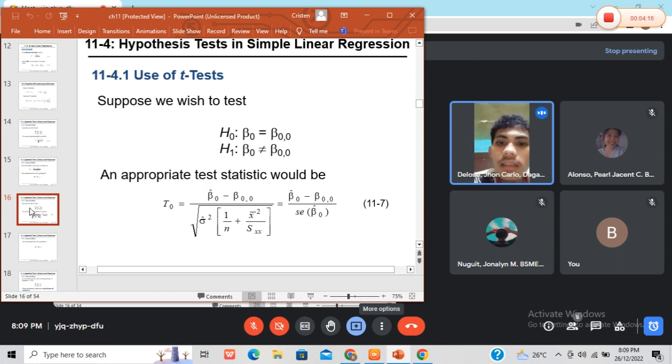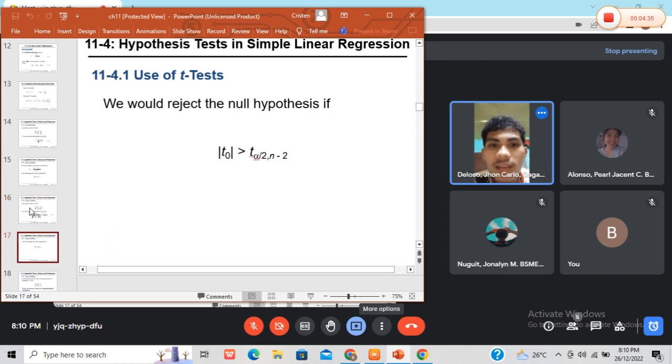An appropriate test statistic would be t sub 0 is equal to beta hat sub 0 minus beta sub 0,0 divided by se of beta hat sub 0. We would reject our null hypothesis if our absolute value of t sub 0 is greater than t sub alpha over 2, n minus 2.